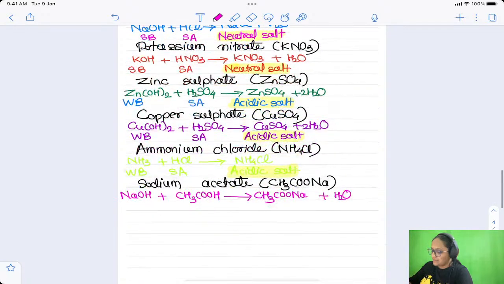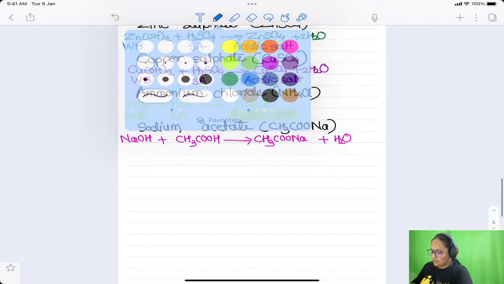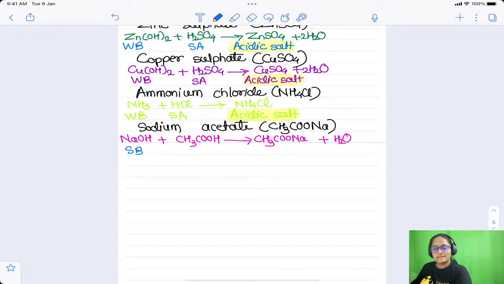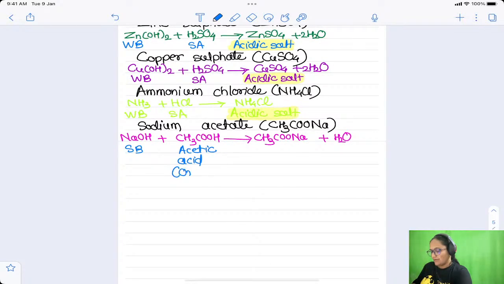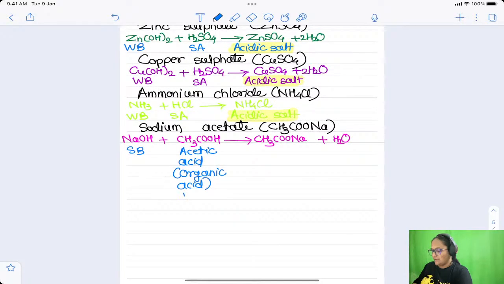Acetic acid contains carbon in it, therefore it is an organic acid. All organic acids, with few exceptions, are weak acids.